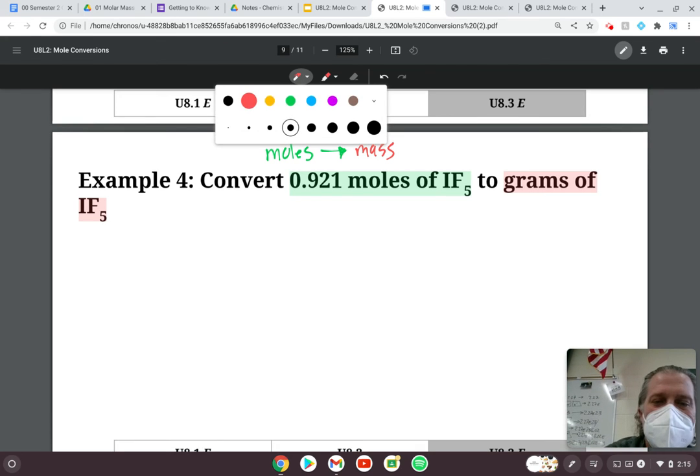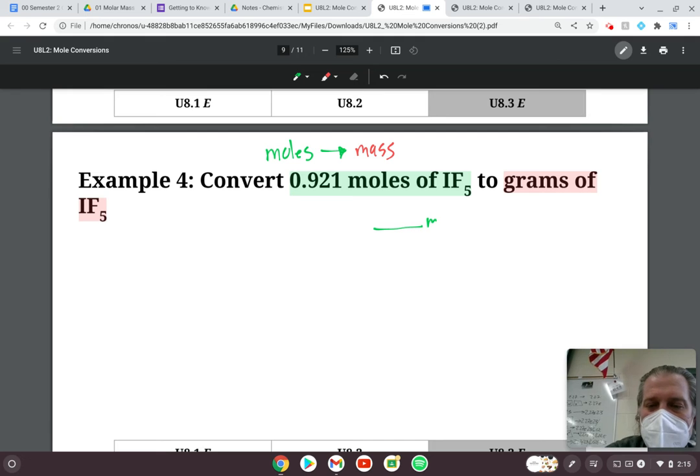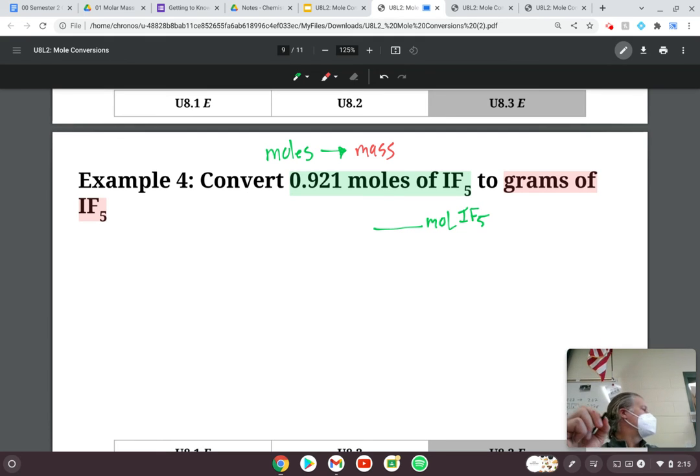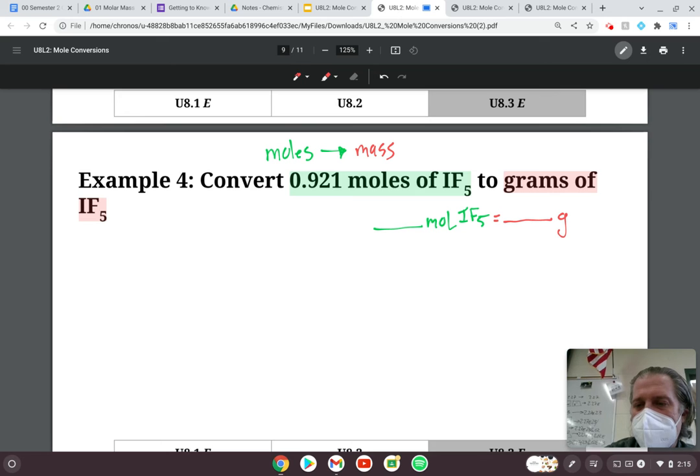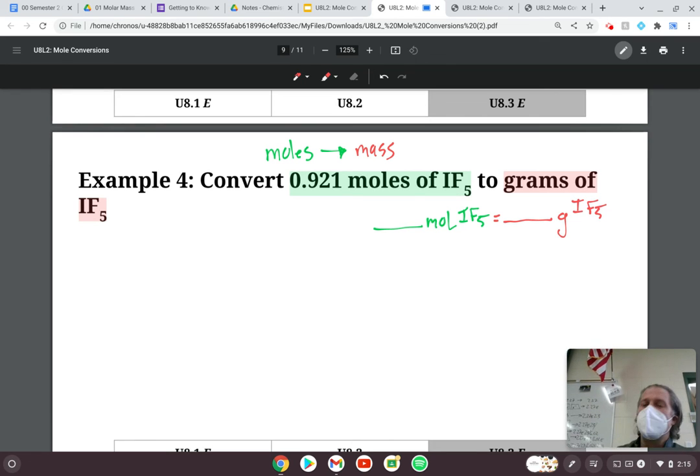But we're looking at the relationship again between moles of IF5 and grams of IF5. So like I said, we're going to be doing some calculating of our molar mass.